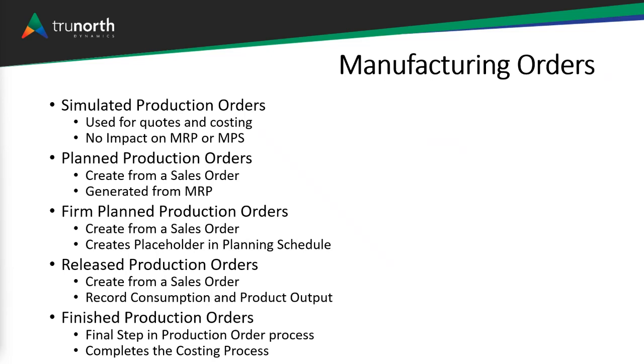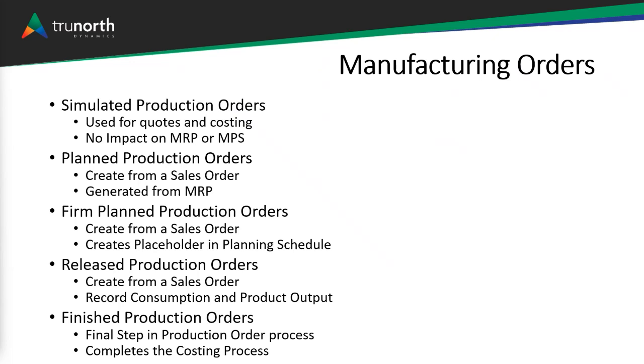Okay, so on the manufacturing orders then, we really have 5 different types. We have the simulated production orders used for quotes and costing, which have no influence on either MRP or MPS. Planned production orders can either be created from a sales order or generated from the MRP run.